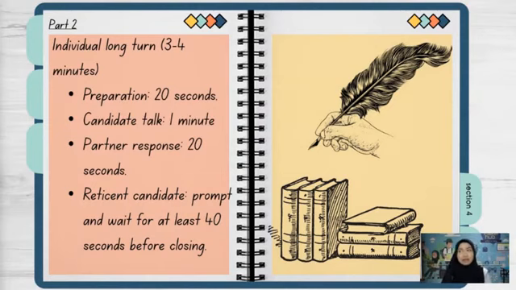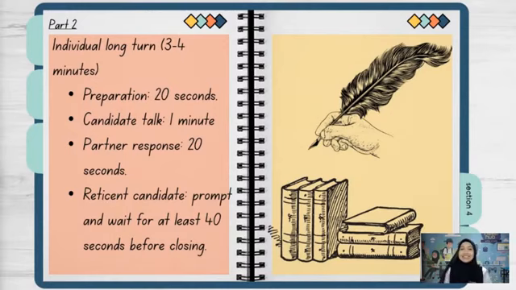You may not rephrase it or try to explain; you cannot do that. You prompt with a backup prompt, and if they still do not want to speak, you have to wait for at least 40 seconds before closing. Closing means you say thank you and move on to the next question. Unless the student says, teacher, I don't know, I want to stop, only then can you stop earlier than 40 seconds. If not, wait for 40 seconds before you close and move to the next question.